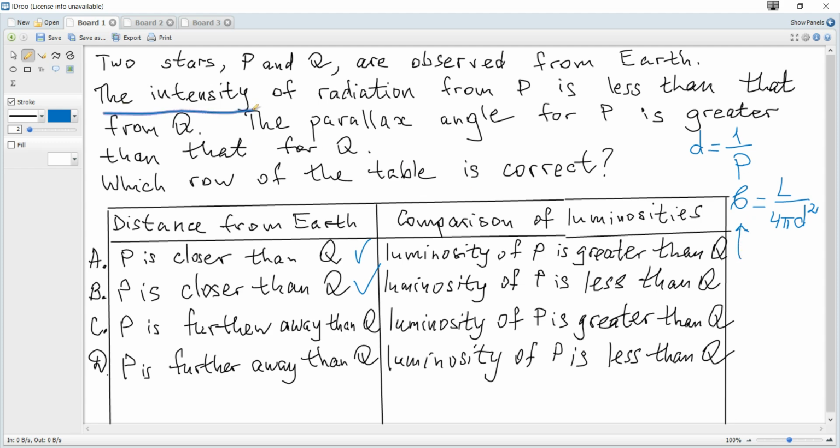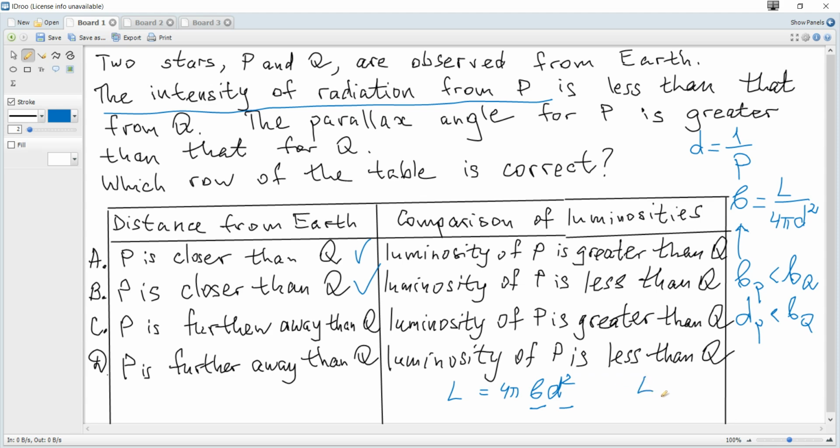It is given that the intensity of radiation from P, so the apparent brightness b for P, is less than b for Q, and the distance for P is less than the distance for Q. We need to compare the L values, the luminosities. L is equal to 4 pi b d squared, and you can see that for P, b is less and d is also less, hence L for P is less than L for Q. So the luminosity of P is less.